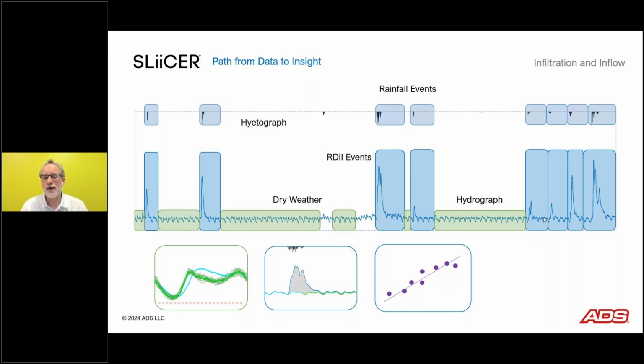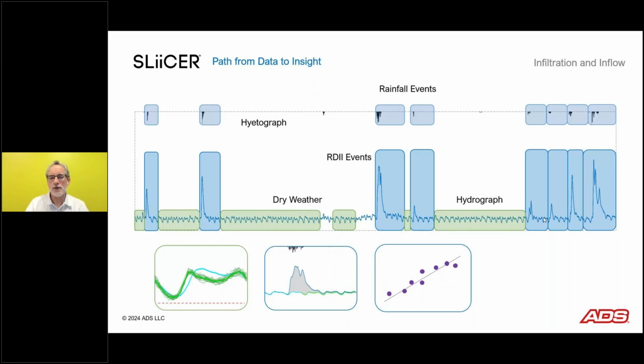There's a few different graphs like this that we can produce. This is one of them, but it gives us an idea of the consistency of the response that we see in the system. And we should see a trend that looks about like this. But the idea here is the harder it rains, the more I&I you expect to see in your system, and you can use that to quantify.